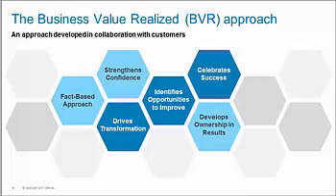This process is meant to help drive the transformational changes. One of the aspects of hyper-converged is that making changes to the people, process, and organization really helps to create more value. And so this Business Value Realized process helps to drive that transformation.